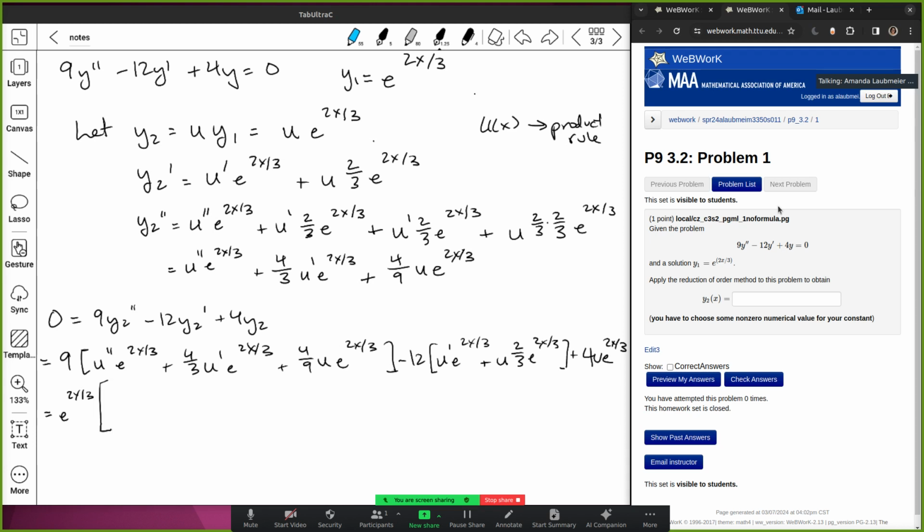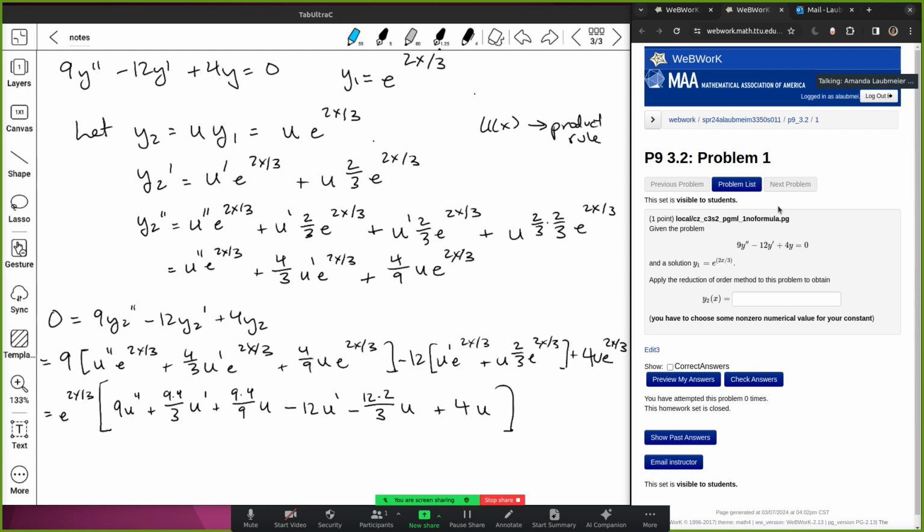And then I've got 9u double prime plus 9 times 4 over 3u prime plus 9 times 4 over 9u minus 12u prime minus 12 times 2 over 3u plus 4u.